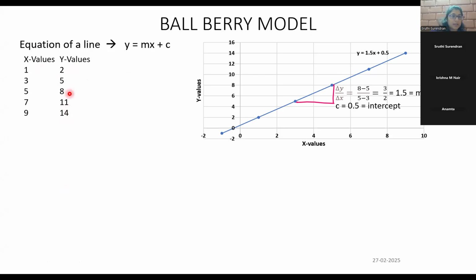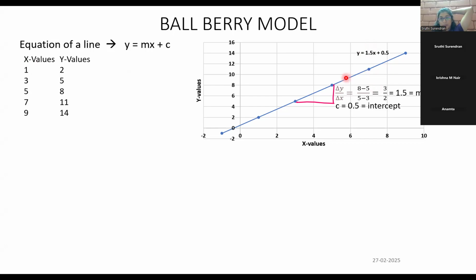Suppose you take two points, 8 and 5, then 8 minus 5 divided by the corresponding x values, 5 and 3, so 5 minus 3, will give you 1.5 as the slope value. So the slope is found if we know the accurate values of x and y.